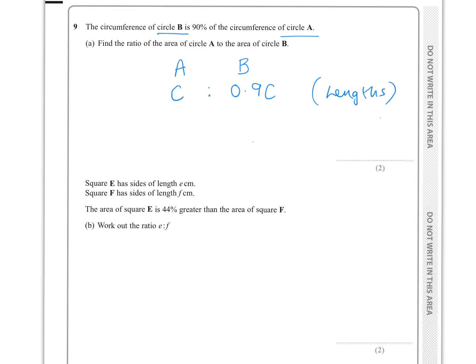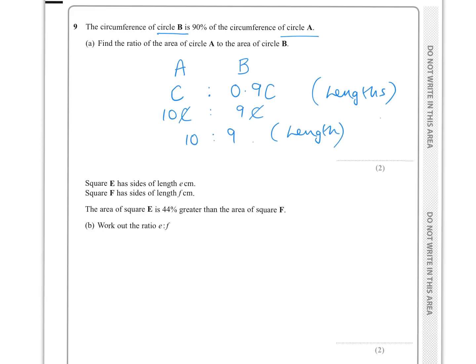If I want to simplify this, I can times both sides by 10 and divide both sides by C, and that would give me the ratio of 10 to 9 as a length.